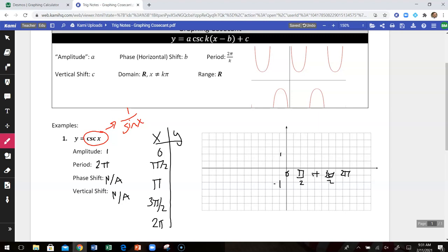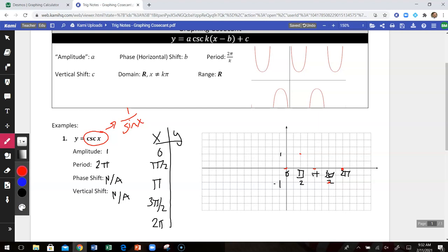With the sine function, we started at 0, and then we go up to 1, and then back to 0, and then down to negative 1, and then back to 0. So those would be the points that we would use if we graphed sine. Just like secant and cosine, cosecant is going to be undefined everywhere that sine is 0.